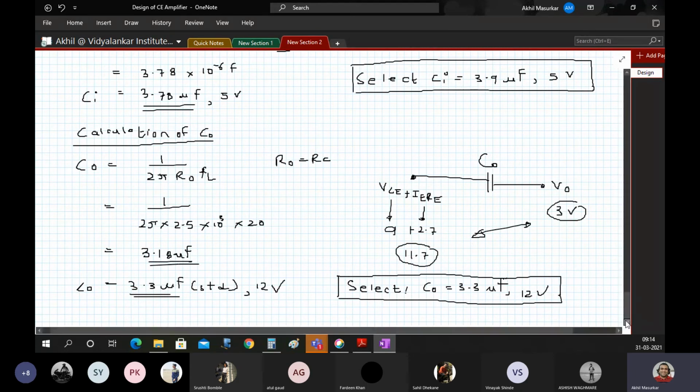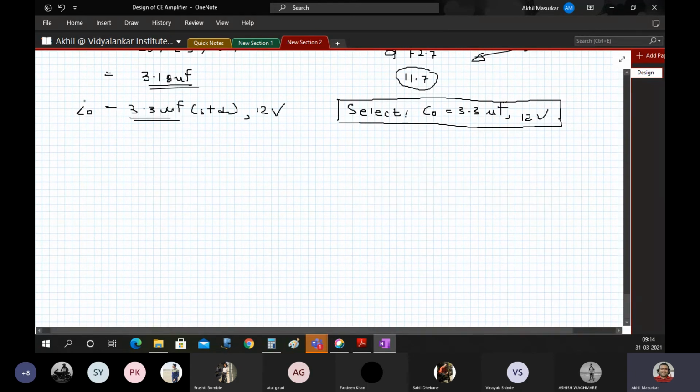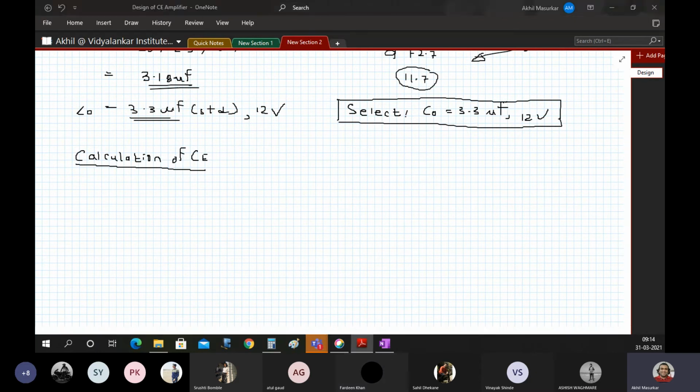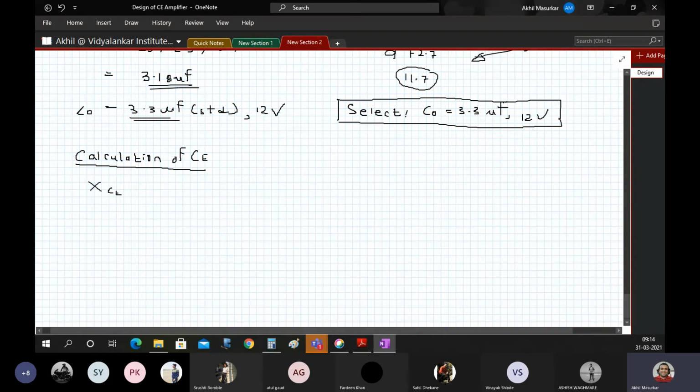And similar now calculation of CE. So calculation of CE would be something like this. XCE should be 10% of RE. So that is 0.1 times RE.